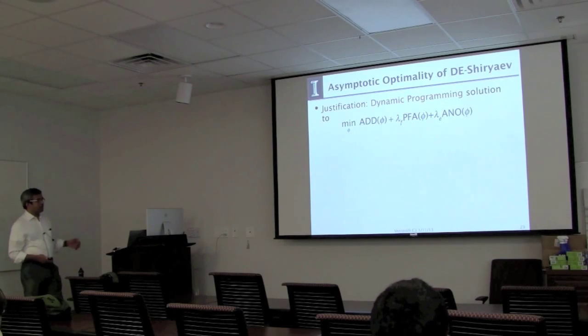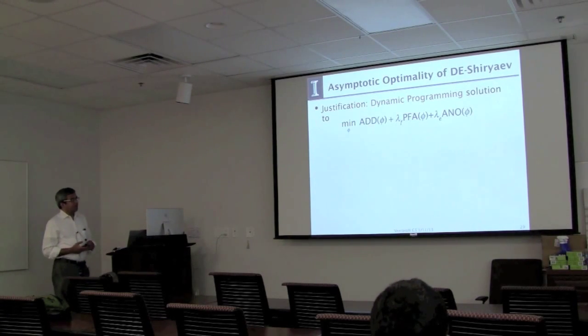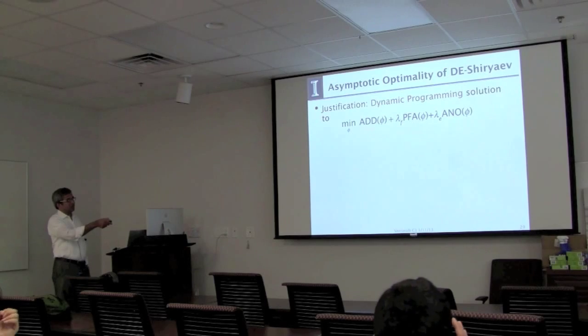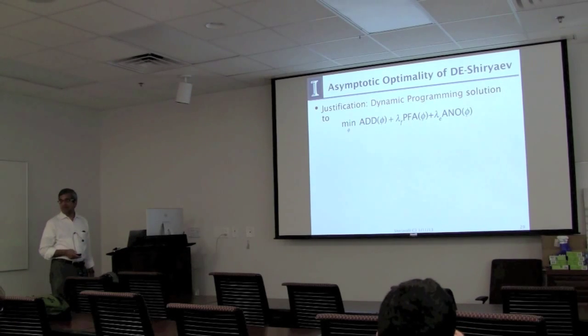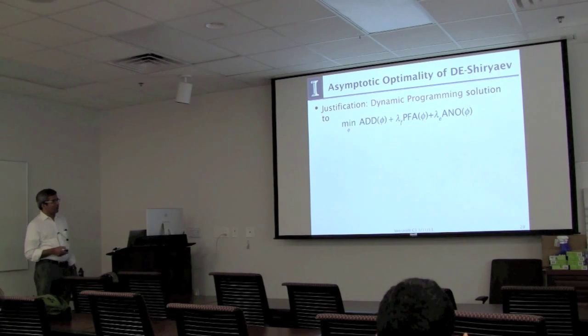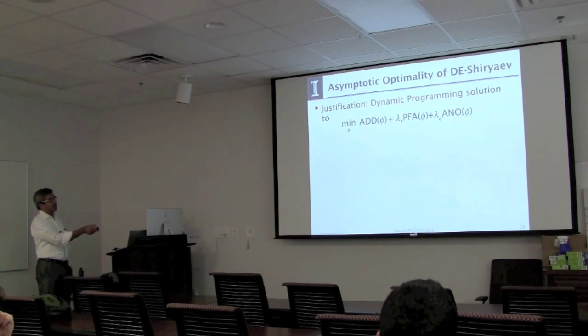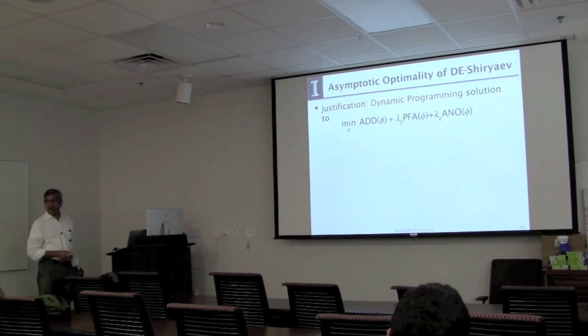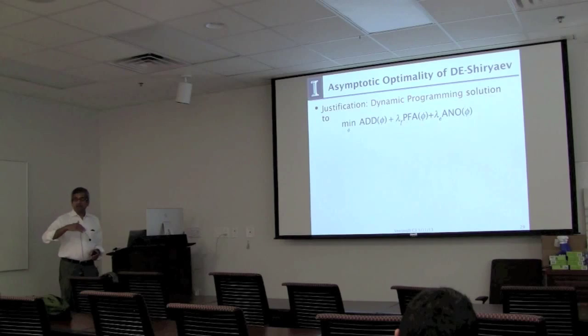You can pose this again as a dynamic programming problem, and you can justify this test as a solution to a Lagrangian version of the constrained optimization problem. But it turns out that it's a little more complicated than that. If you actually solve this optimization problem, minimizing a linear combination of delay, false alarm, and average number of observations, it turns out that the test doesn't have this two-threshold structure.